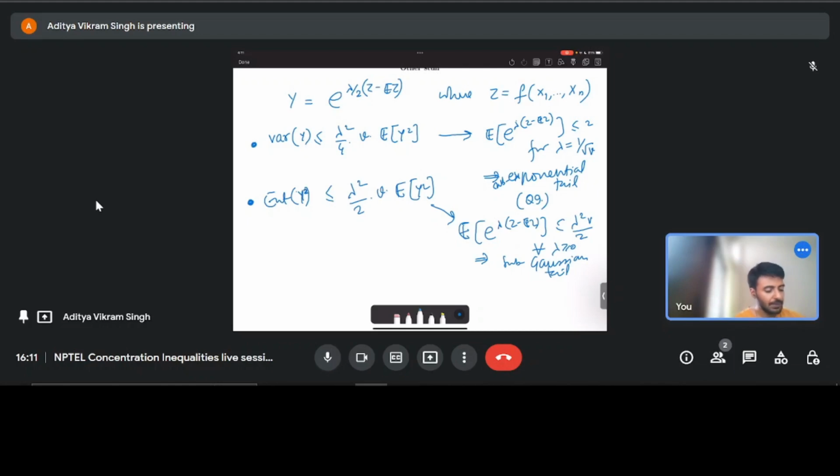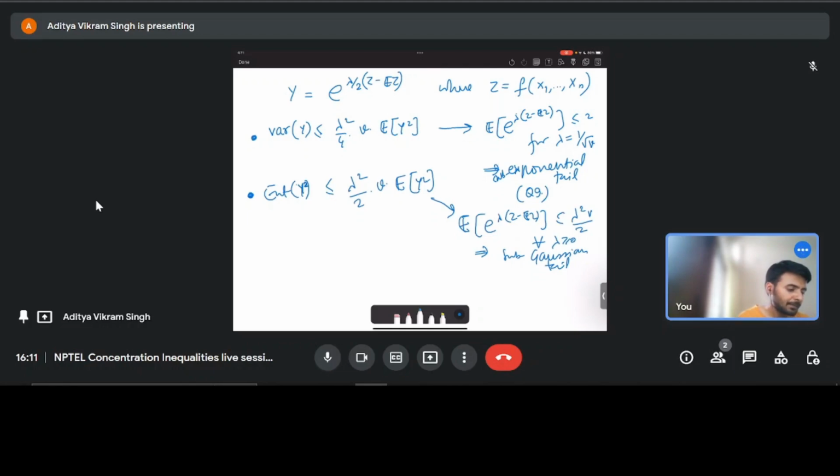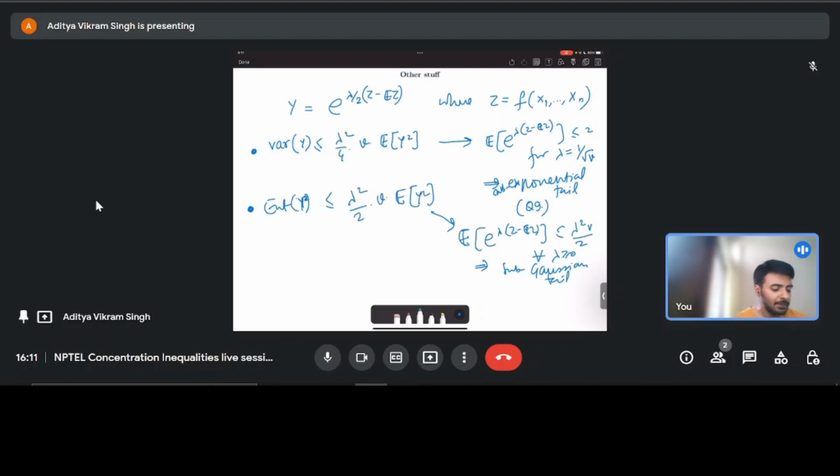This is the role played by entropy: a condition on entropy gives you a stronger concentration compared to a condition on variance. This is because both variance and entropy are of the form expected value of f of x minus f of expected value of x.